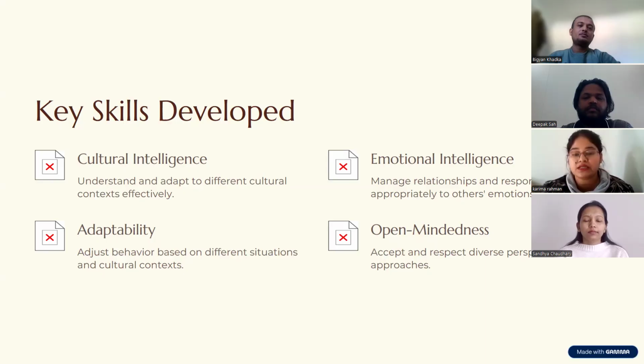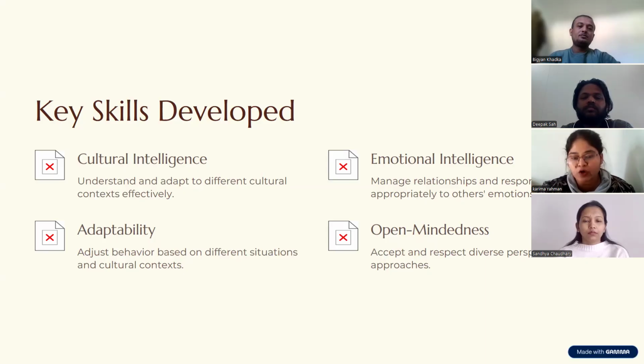The third one is emotional intelligence. Cross-cultural interaction strengthens a leader's ability to manage relationships, show empathy, and respond appropriately to others' emotions. This helps build trust and improve teamwork.